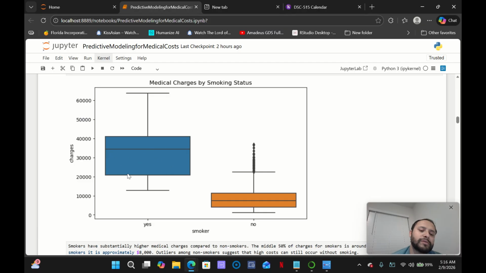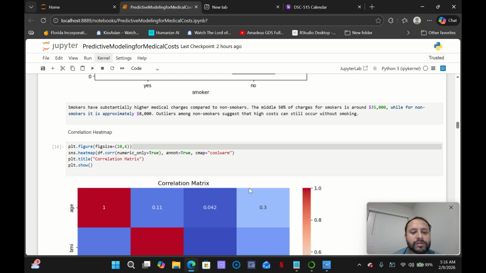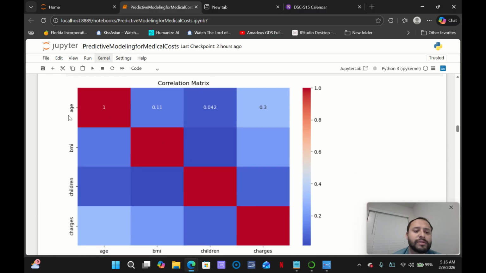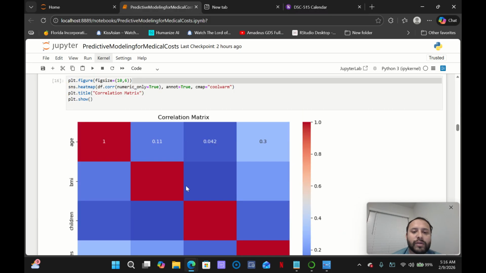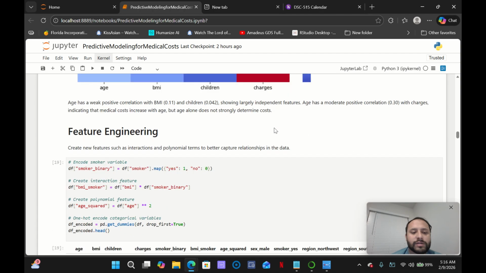If they smoke, they pay higher insurance costs, whereas those who don't smoke pay less. We can also see age has a weak positive correlation with BMI, whereas it has a moderate positive correlation with charges.